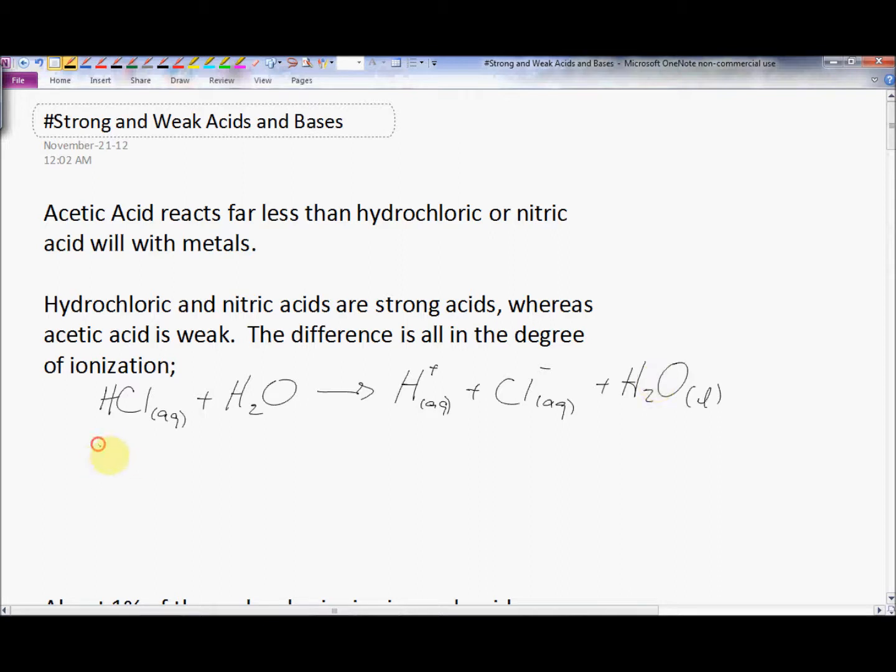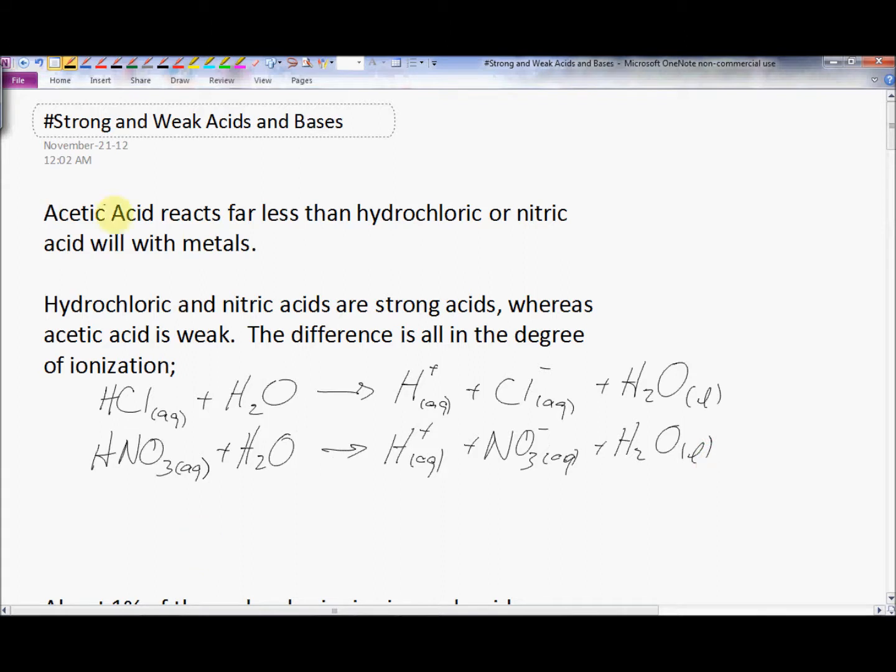Same thing goes with nitric acid, HNO3. Put it into water and you'll get some hydrogen ions and you'll get some nitrate ions in the water.